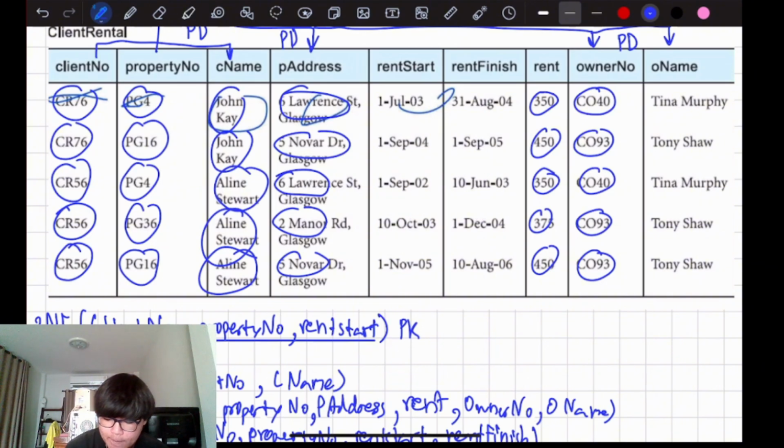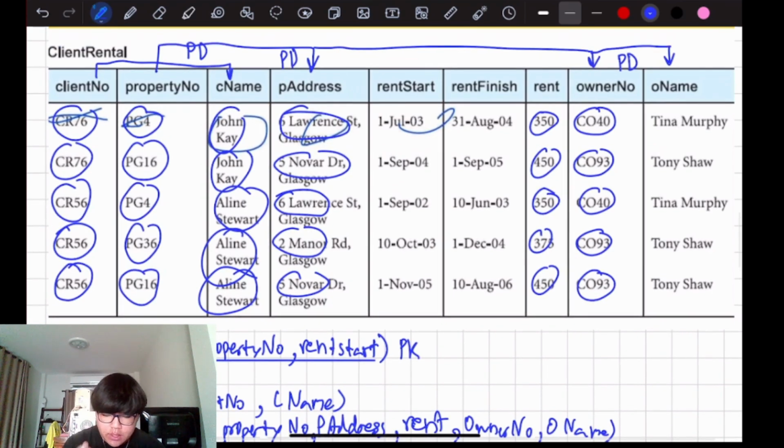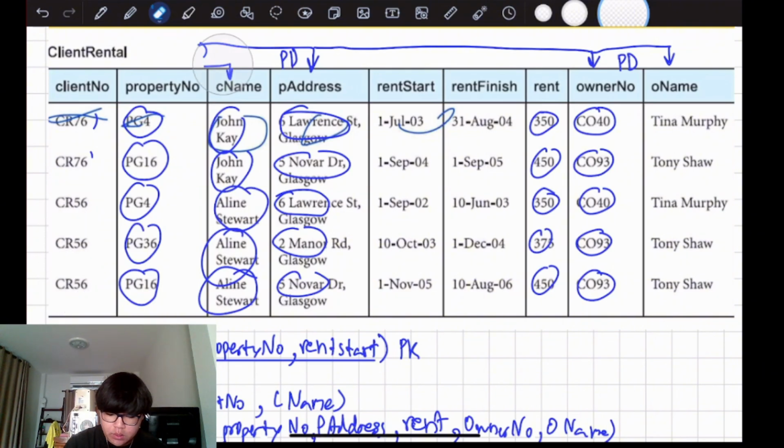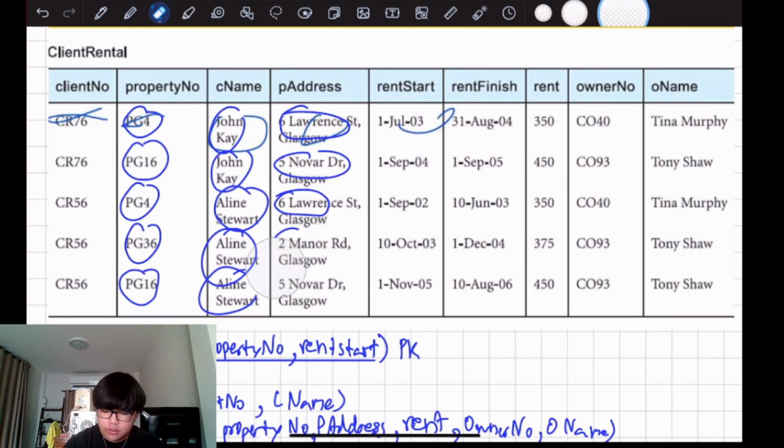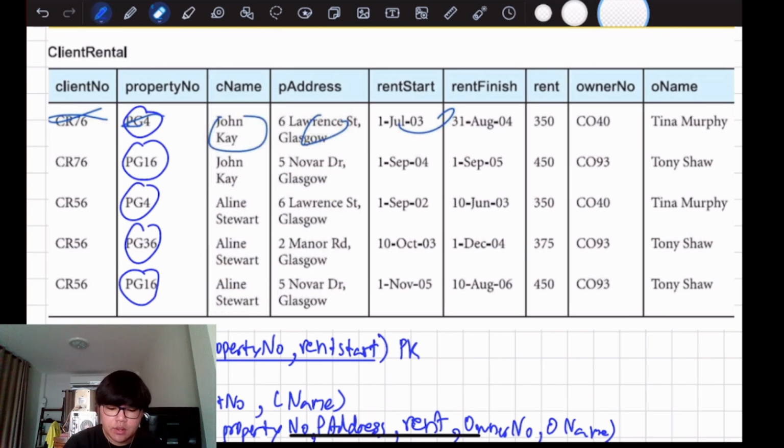Property number can tell period date, but period date can tell property number too. So it's not a transitive dependency.